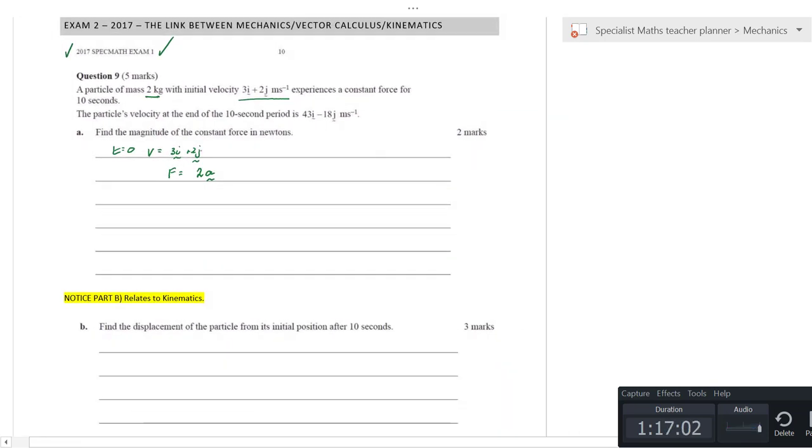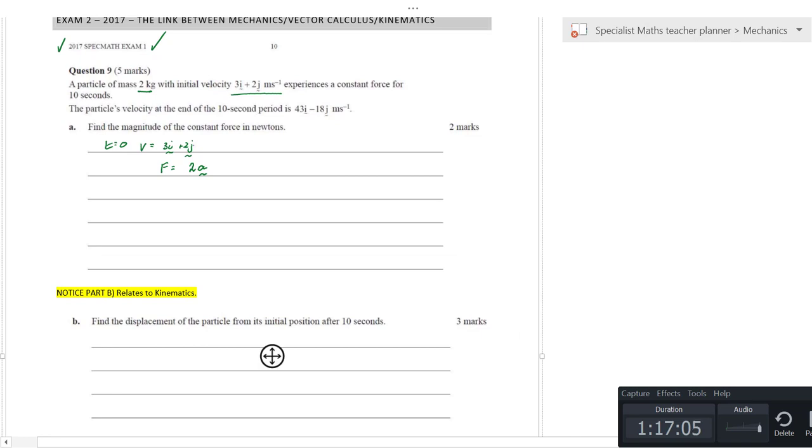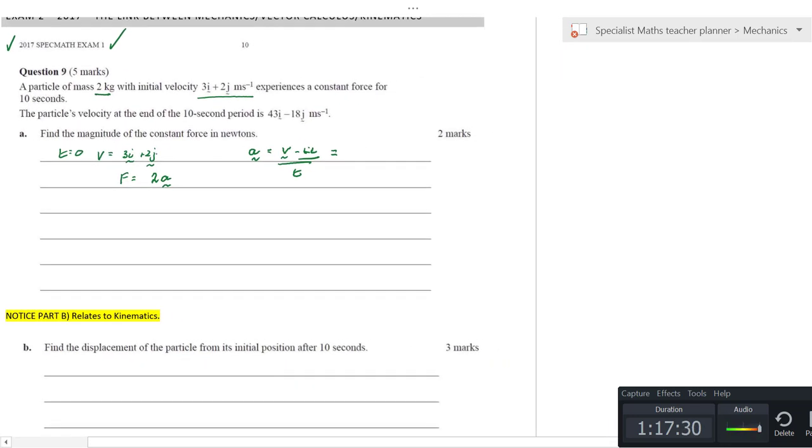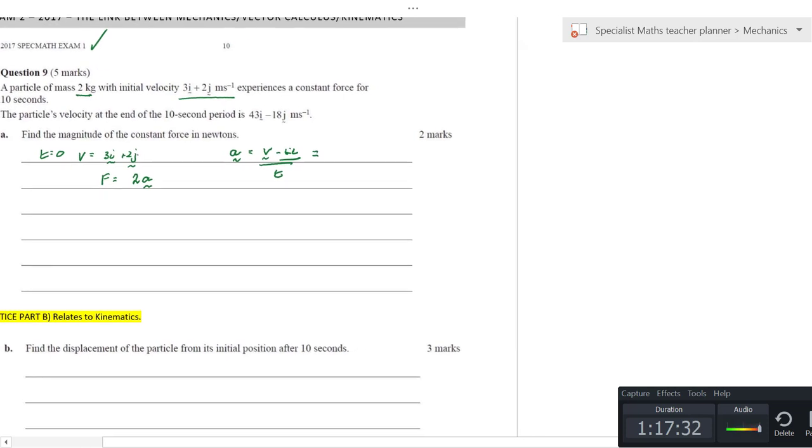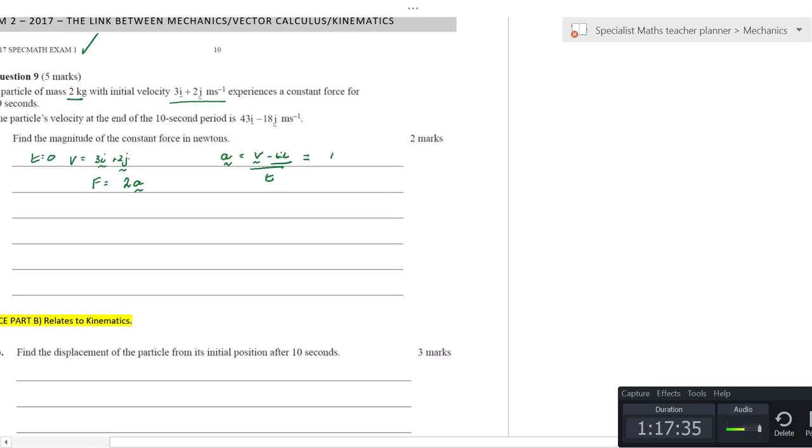Now, if you think about just physics in general, the acceleration is equal to the final velocity minus the initial velocity over time, isn't it? v is equal to u plus at, if you like. So we can see here that the particle's velocity at the end of the 10 seconds is 43i minus 18j. That's v, the final. Let's get our signs right there. Let's use brackets.